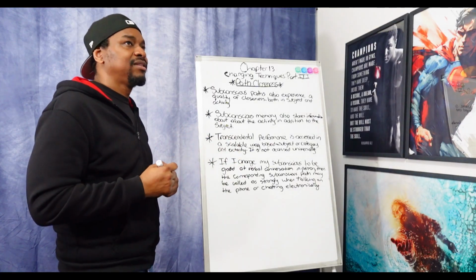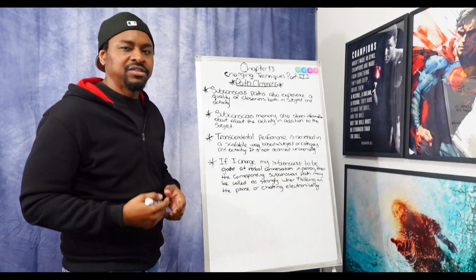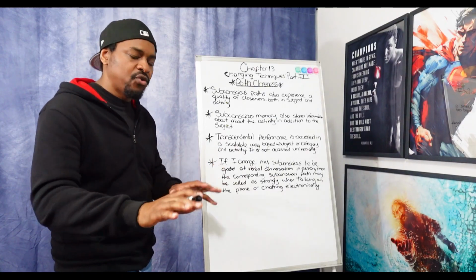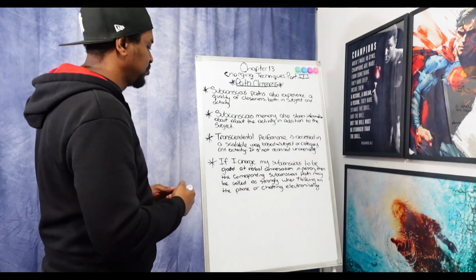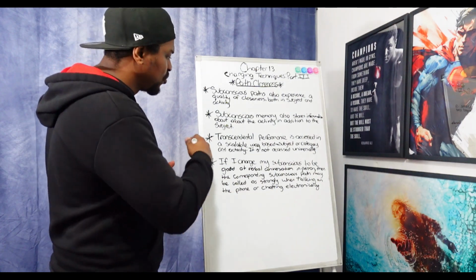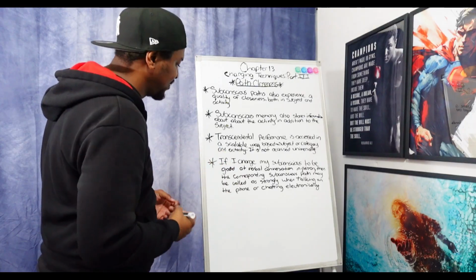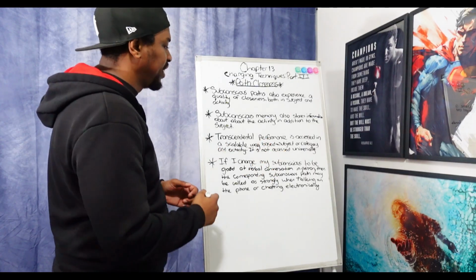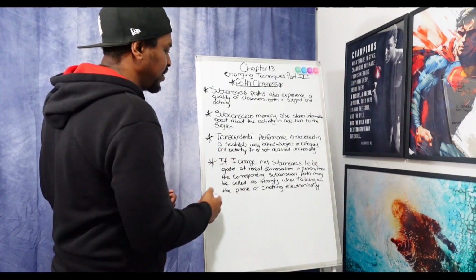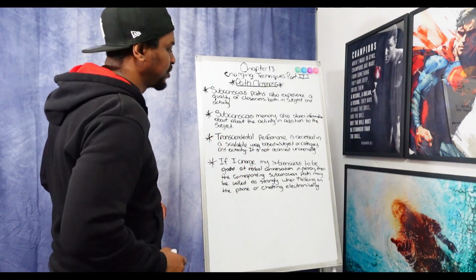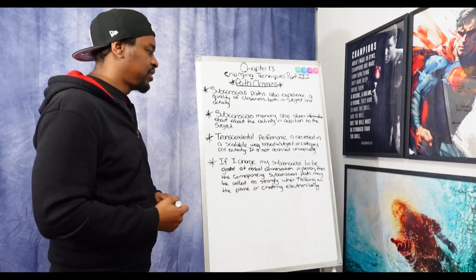because I think this next point brings up an idea that is a very common misunderstanding about the way performance works from a subconscious perspective. So, transcendental performance is accessed in a scalable way based on the subject or category and activity, and it's not accessed universally. Like I said, I'll talk about the activity in a moment.